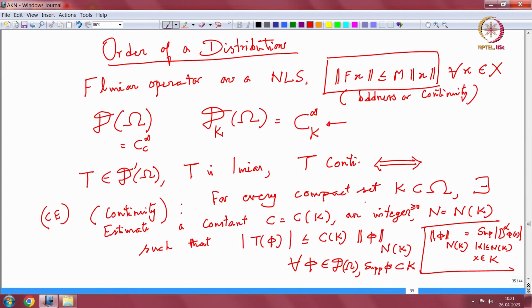The interpretation of this is that to estimate any particular phi, it is enough to have finitely many derivatives, but the compact set changes the finitely many. This precisely says that only finitely many derivatives, up to order n_K, are needed.